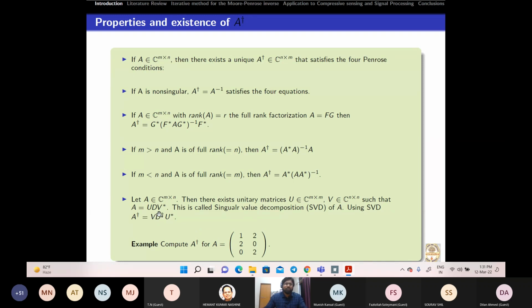U and V are made from the singular vectors of A. U contains the left singular vectors of A, and V the right singular vectors. I will discuss all these terms through this particular problem. Next, I am going to discuss how to compute the Moore-Penrose inverse of the matrix with rows 1, 2, 2 and 0, 0, 2 using the singular value decomposition.